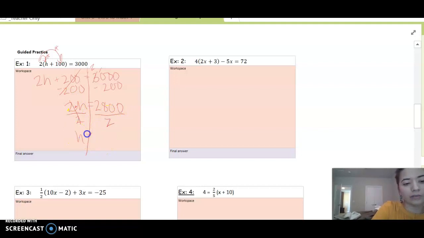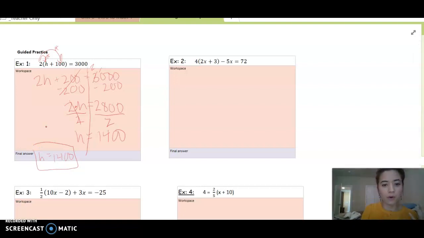Inverses cancel. And then 28 divided by 2 is 14. Add on those 2 zeros. All right, distribute it, and then we just solve. You guys have been great at solving, so we're just adding that one extra step.